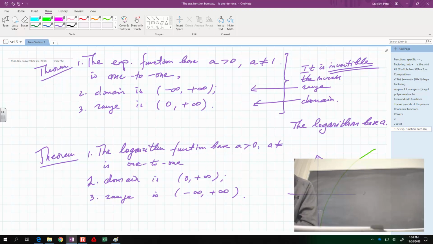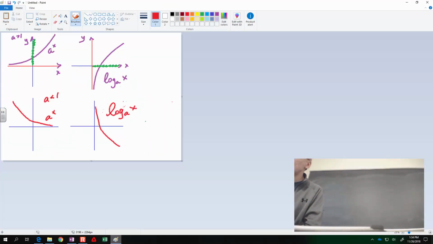But that behavior matches the behavior of the exponential function. As you can see, the behavior over here matches the behavior over there because it's flipped. So if we have a horizontal asymptote on the left, then on the right we have a vertical asymptote, because everything is flipped. Every x becomes y. Everything that was horizontal becomes vertical and vice versa.